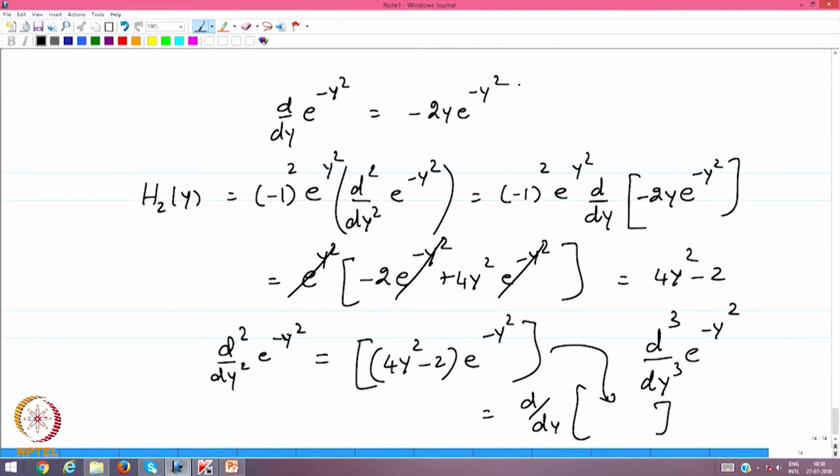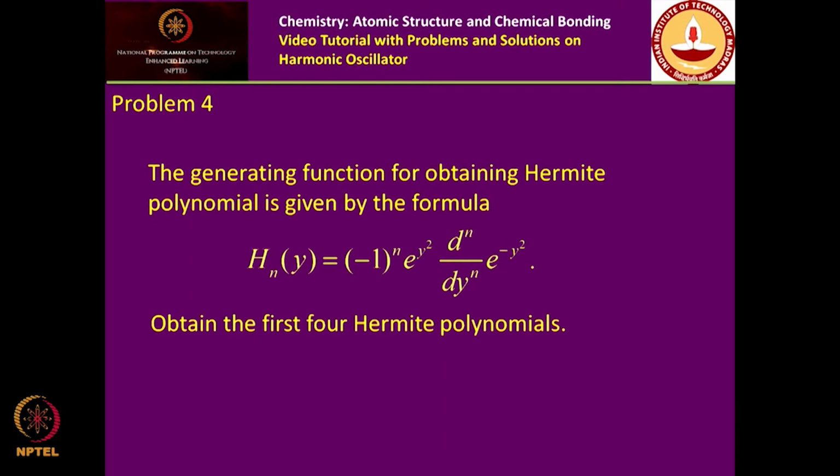So it is important to keep this order in mind, and therefore the rest of it is easy: you can calculate H3 of y, and first 4 Hermite polynomials mean only that. Okay. So this is again an algebraic exercise to calculate Hermite polynomials using a generating function.